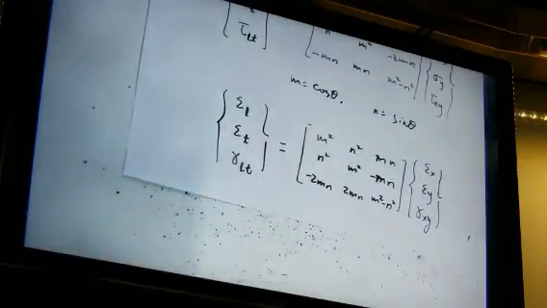So this is a transformation equation for the strain, because the transformation for strain is different from the transformation for stress. That is why you have one more equation like this.